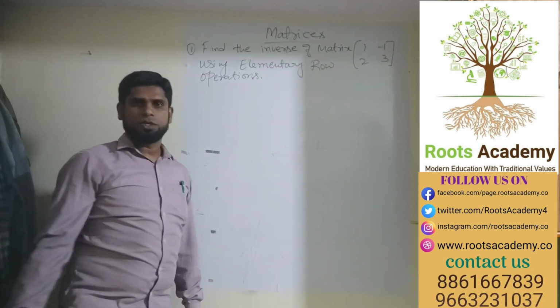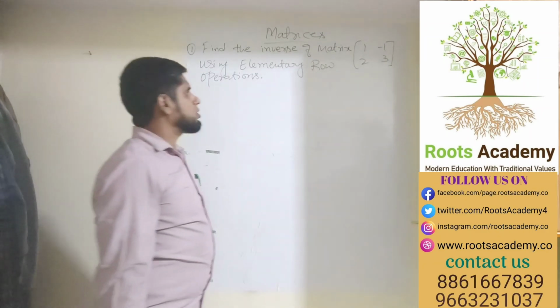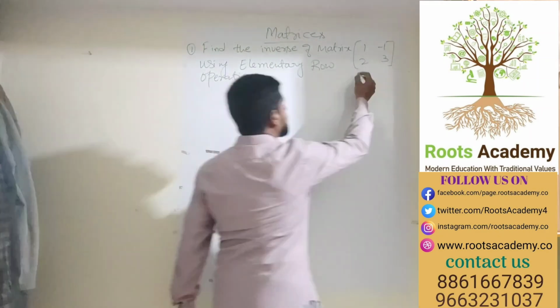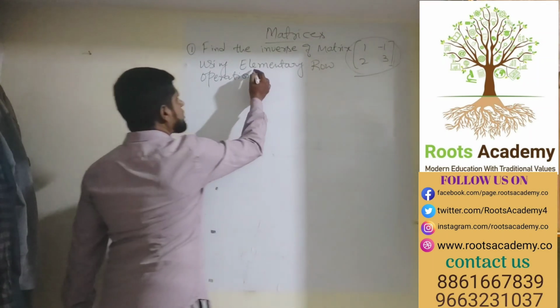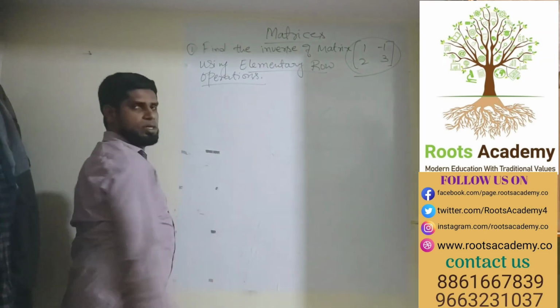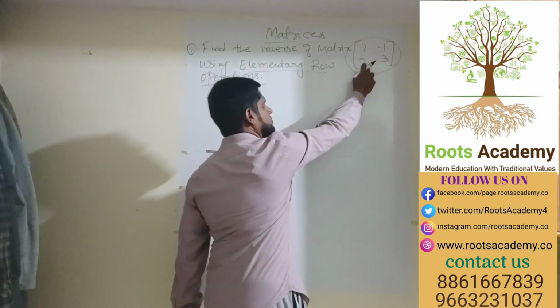Students, here he has given a matrix of order 2 cross 2 and he has mentioned the method also. We should use elementary row operations to find the inverse of this matrix.